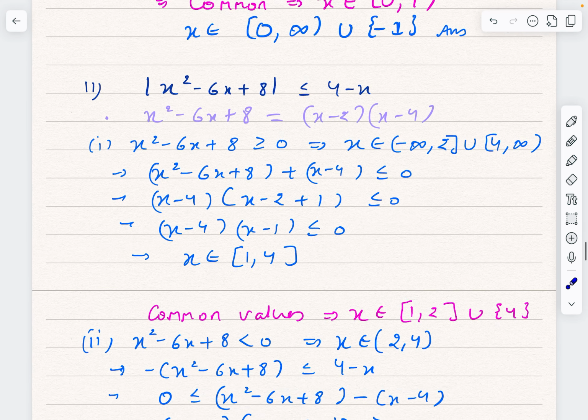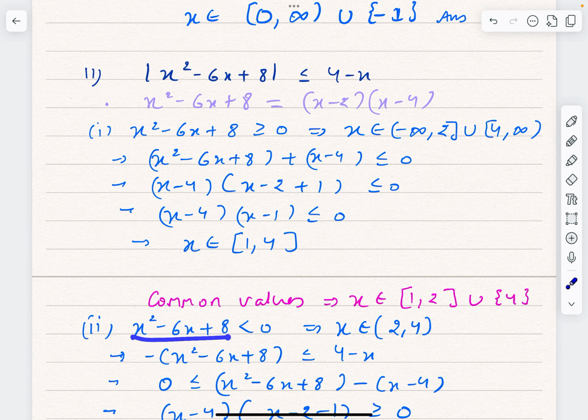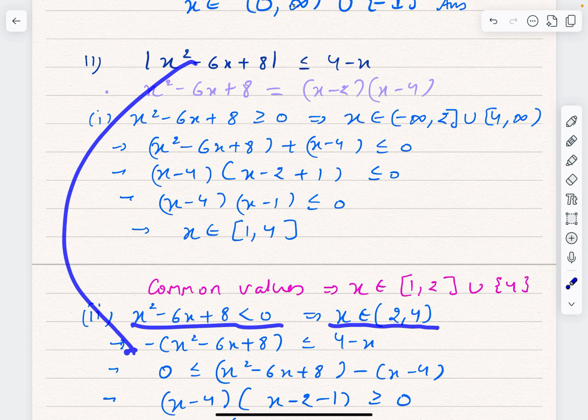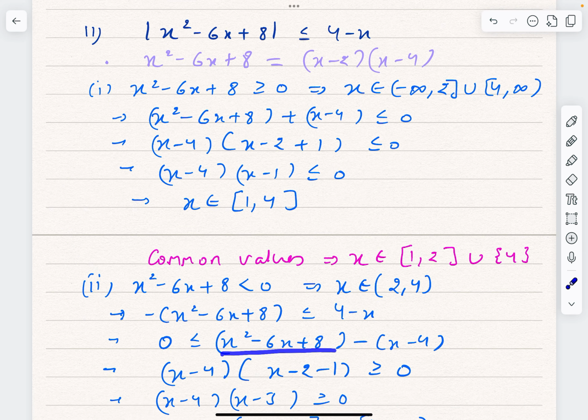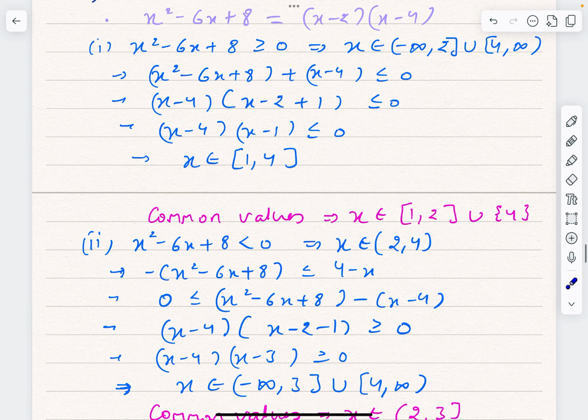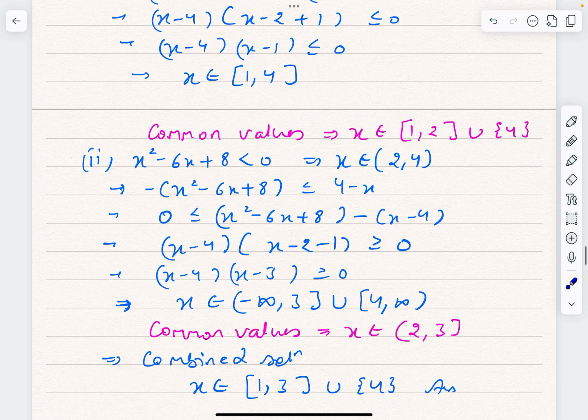Next scenario, when x square minus 6x plus 8 is less than 0, x belongs to 2 to 4. In that case, mod opens with negative sign. So you get x square minus 6x plus 8, basically we get negative here, we take this side. So x square minus 6x plus 8 minus of this, you can write as minus of x minus 4, is greater than or equal to 0. Again, take common, simplify, you end up with (x minus 4)(x minus 3) greater than or equal to 0.